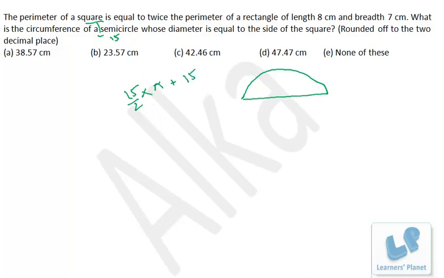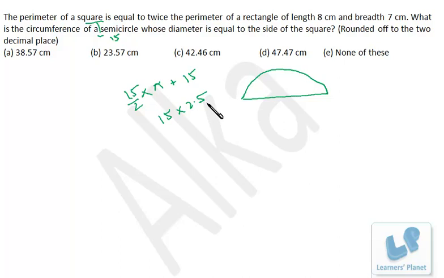Right? Now we have to calculate the approximate value of this. So I take 15 as common. Now this is pi by 2, that means 3.14 by 2, that is around 1.5. So 1.5 plus 1, that's 2.5 around, right? So 15 twos are 30 and half of 15 is 7.5.